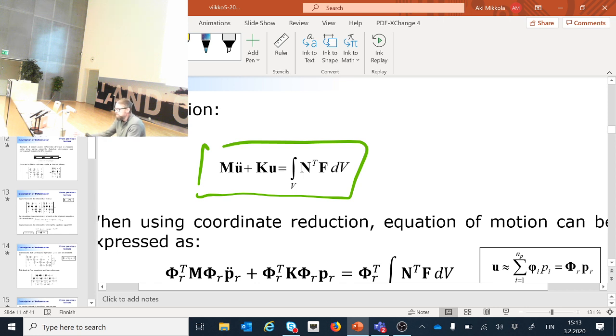How does it happen? Well, it happens with this relation. My nodal degrees of freedom and my corresponding modal degrees of freedom are related with the help of assumed deformation. So this is a matrix that shows the different ways that the structure can deform.